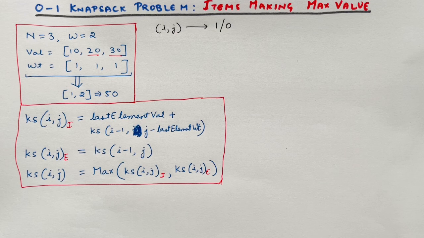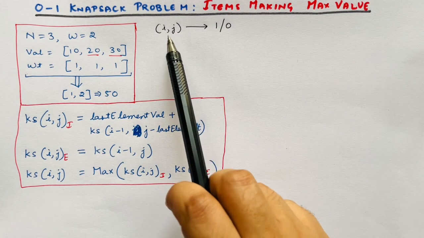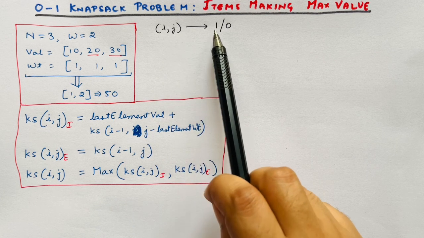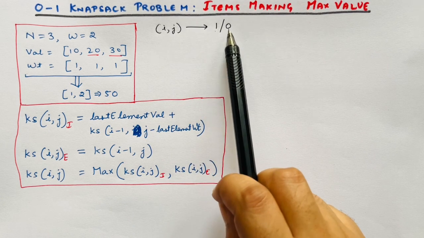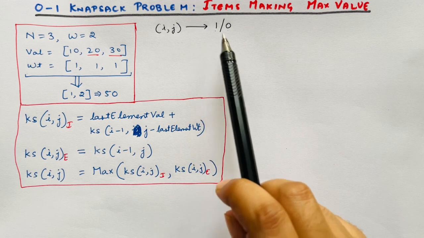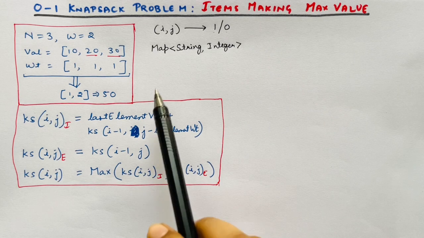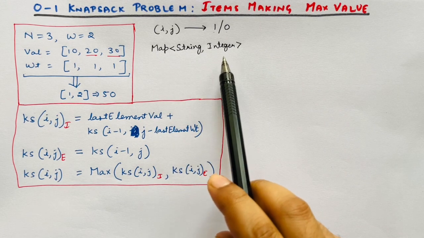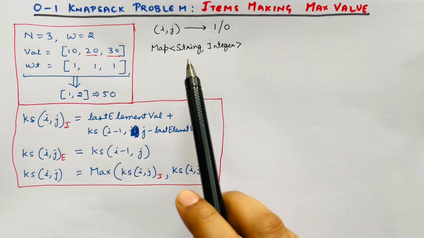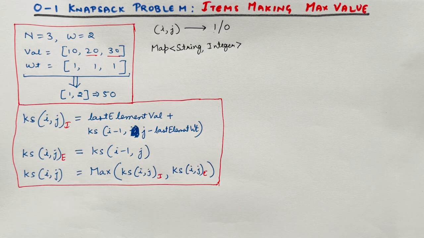Let us say we somewhere store this information, that for a pair of i and j, whether we included the last item or not. What data structure can we use to store this information? We can simply use a map of string and integer, just like the map that we used to store the results for every pair of i and j.